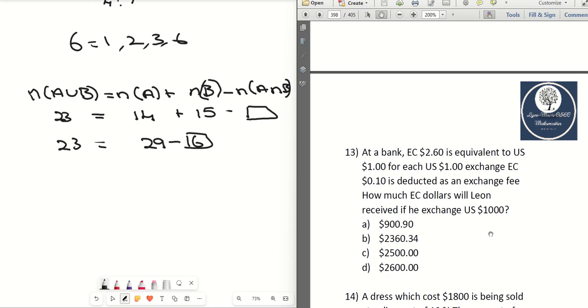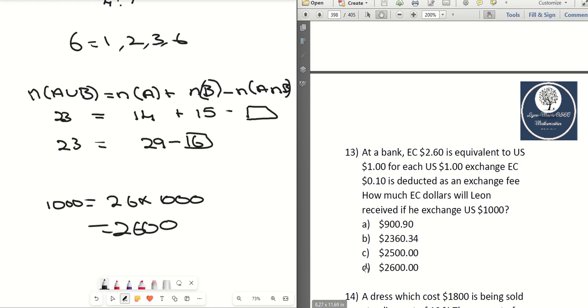So if you exchange 1,000, without any deductions, we know that 1,000 US would be 2.6 multiplied by 1,000, which is 2600.